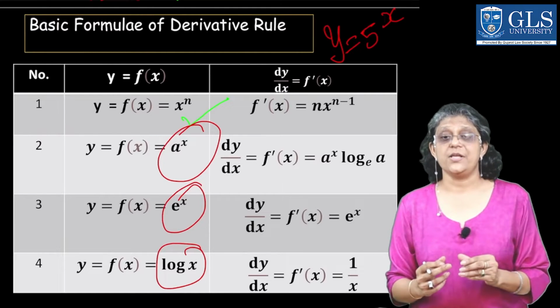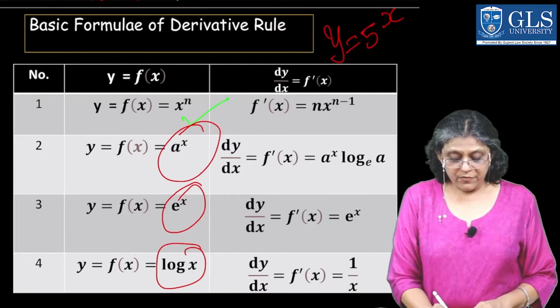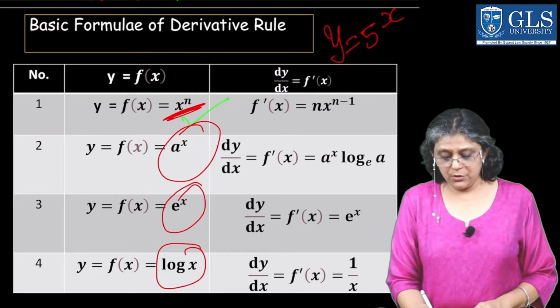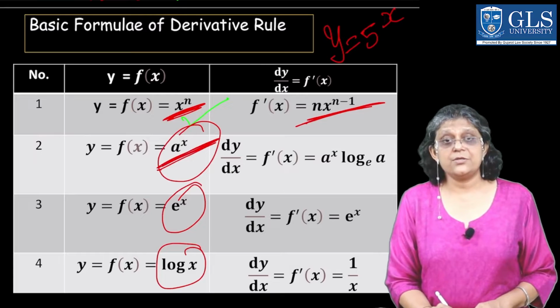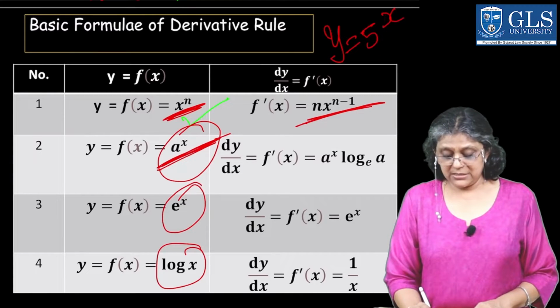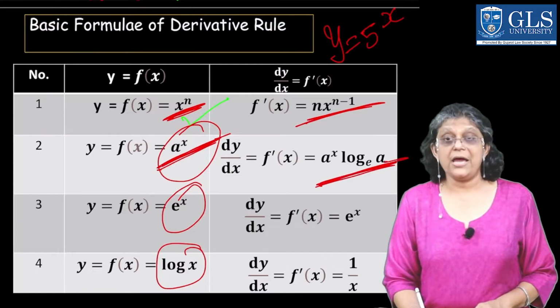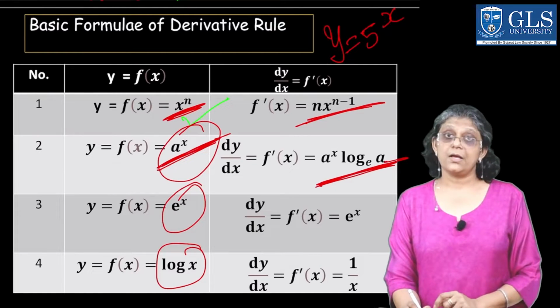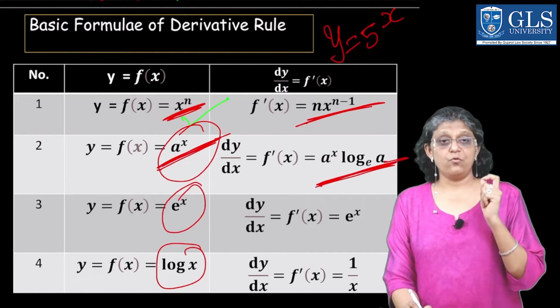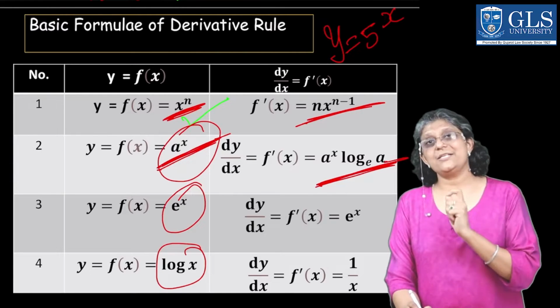There is a difference. Clear? So when you have x raised to n, you have n into x raised to n minus 1. But when you have a raised to x, your answer is a raised to x log a to the base e. Clear?